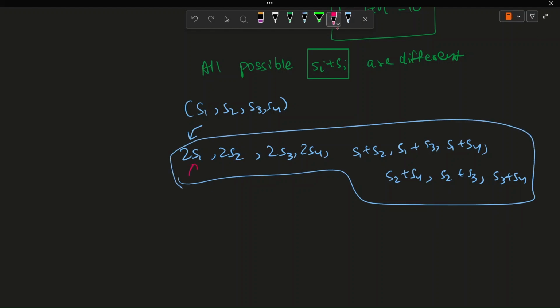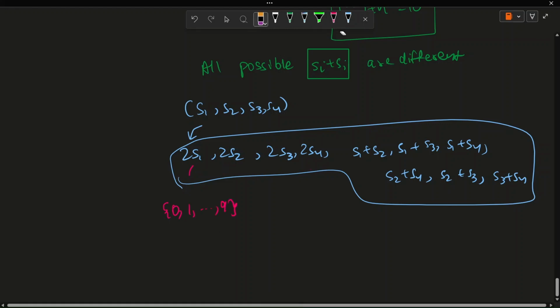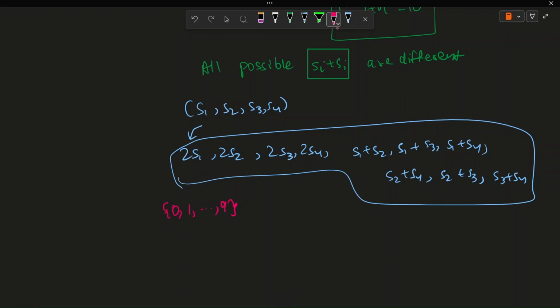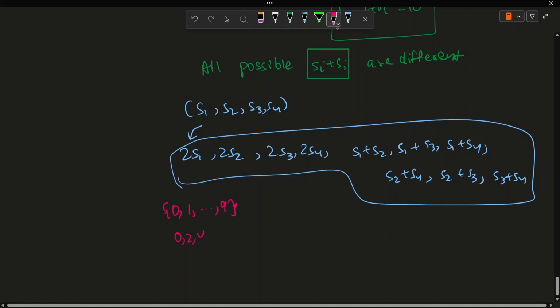Notice that these four numbers 2s1 through 2s4 already give four even numbers, because they are divisible by 2. From 0 to 9 there are a total of five even numbers, which are 0, 2, 4, 6, 8, and four of them are already covered here.